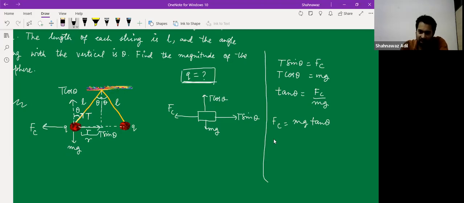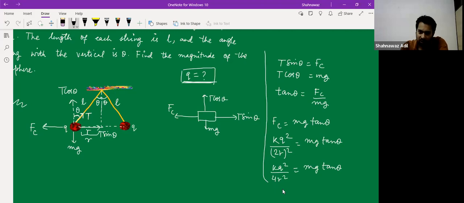Fc would be kq square, and the distance is r plus r, 2r, square, right? Which is mg tan theta. And we have to calculate this q.